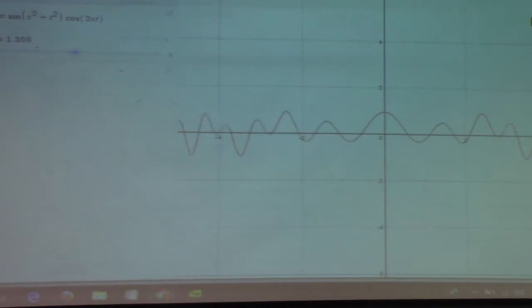That's an interesting wave, is it not? It almost looks like it's turning over the x-axis. Look at it.